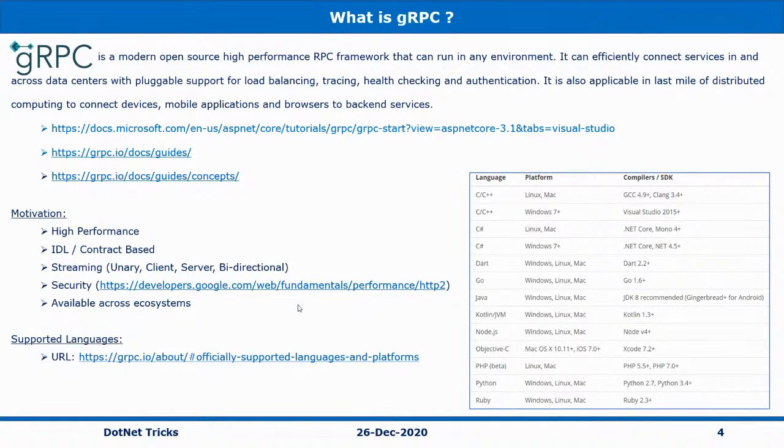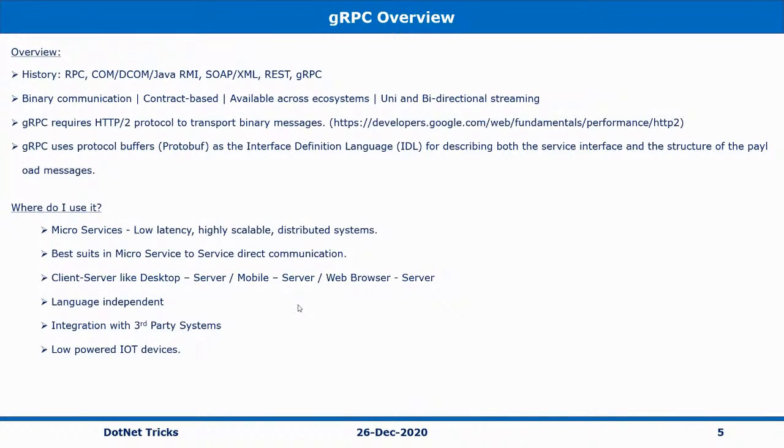Another thing is that it is available across ecosystems. That means you can work with gRPC in different languages and different operating systems. That's one part of the introduction. And where do we use this? So, the motivation, or why do we use this?